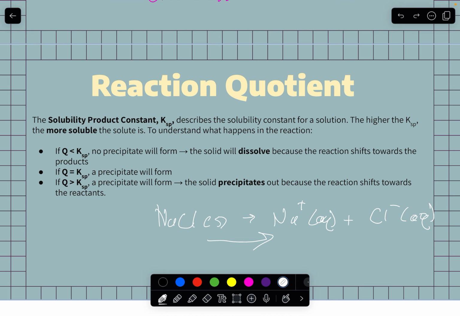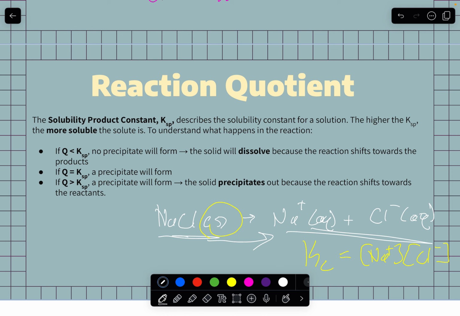This will be for insoluble, it'll be for precipitates. So anytime you have something that's a solid in a solution, so remember your solubility rules there, you'll have a solid and you'll have your aqueous products. Remember, a solid does not go in your expression.